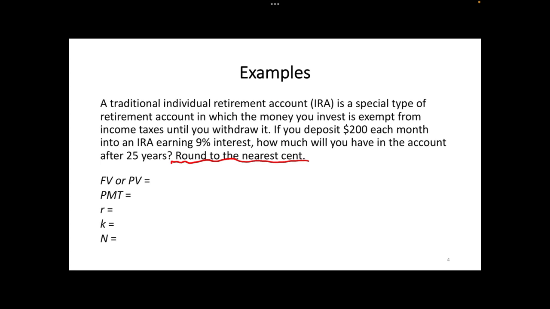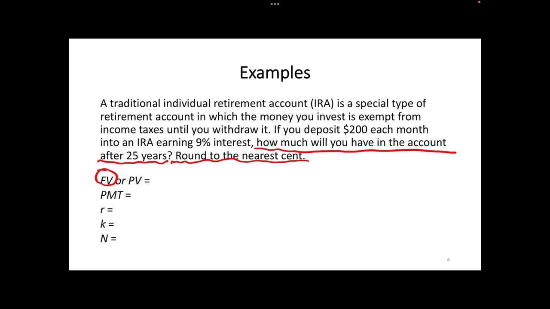All right, so now what type of problem is this? This is a saving annuity problem, right? And what we're looking for, how much would you have in the account after 25 years? So we're looking for future value, isn't it?